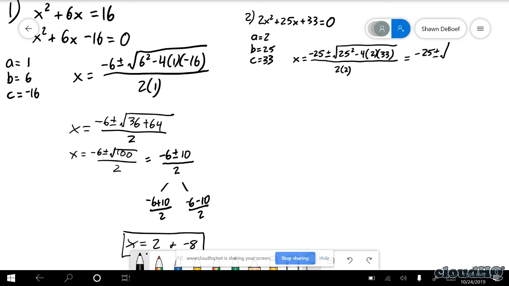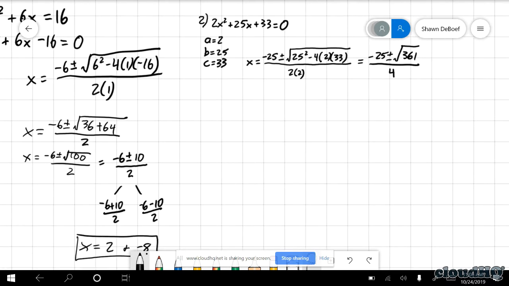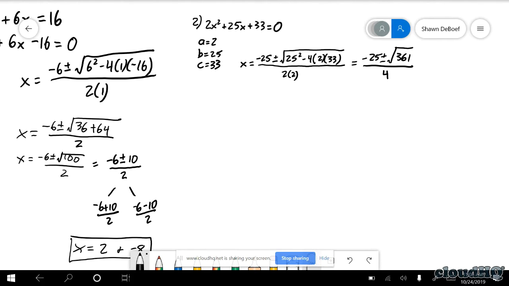Okay, so what do we get? 361. So what is the square root of 361? The square root of 361 is 19.